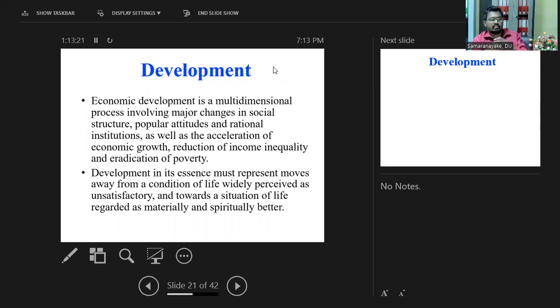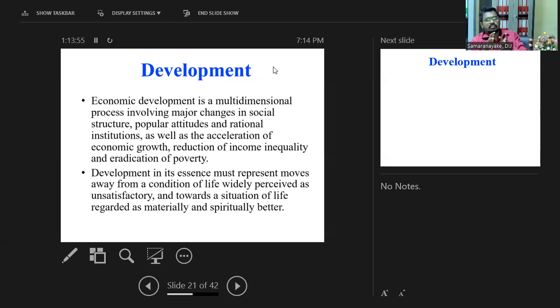And then finally we can say in general, and it's really important, see, development in its essence must represent moves away from a condition of life widely perceived as unsatisfactory and towards a situation of life regarded as materially and spiritually better. Now, this is what even Sri Lanka requires now, right? We are in an unsatisfactory situation.